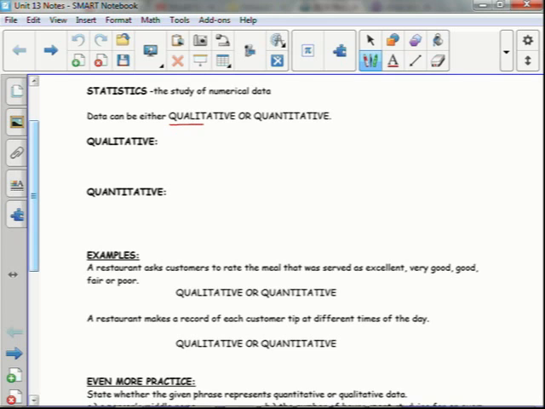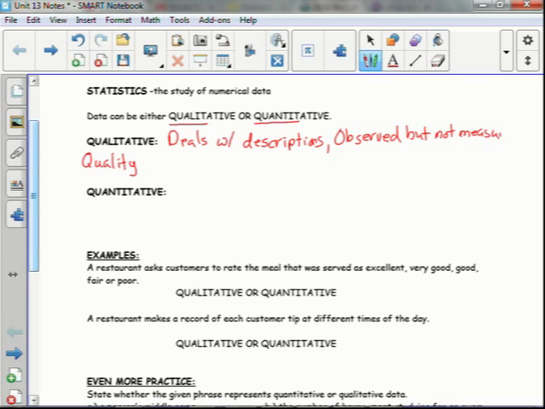When you look at the beginning of the words qualitative and quantitative, with qualitative we get the word quality. And so when we're talking about qualitative data, we're talking about data that deals with descriptions, and it's observed but not measured.